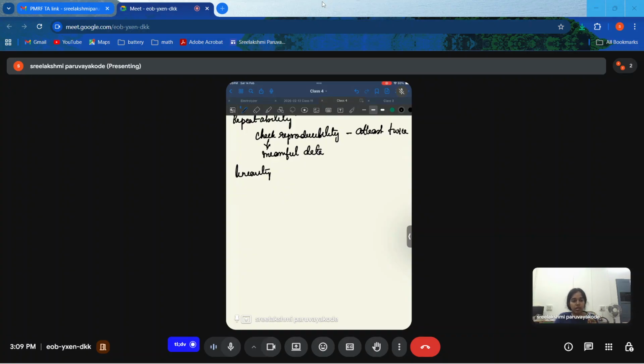Now what if I double this E_AC0 value, so it becomes 2 E_AC0? I expect the current value to also be doubled. Only then, when you calculate impedance, E_AC0 by I_AC0, the impedance won't change.